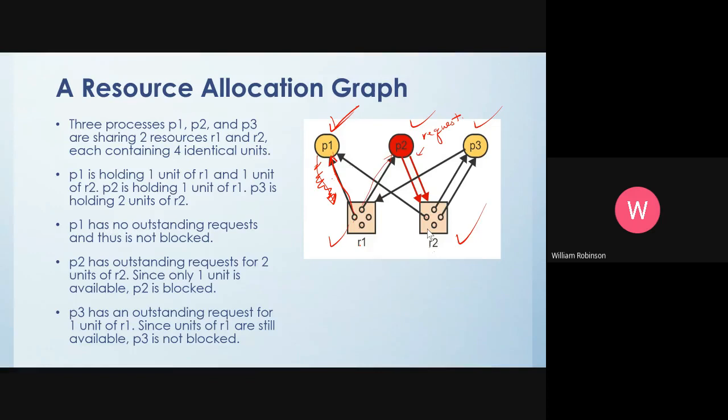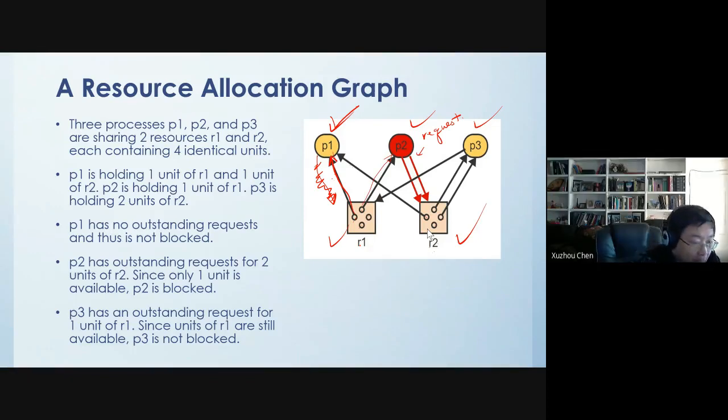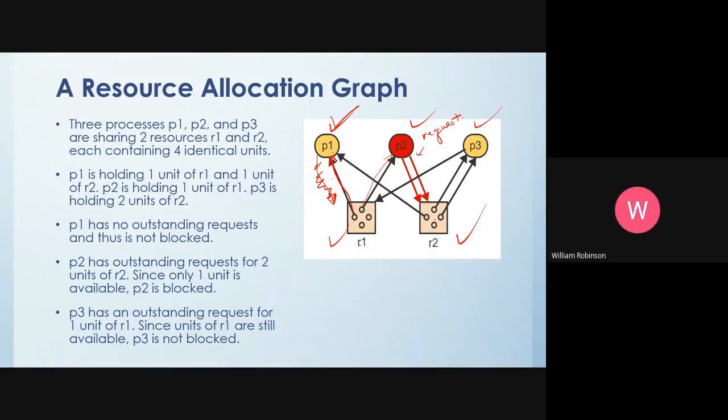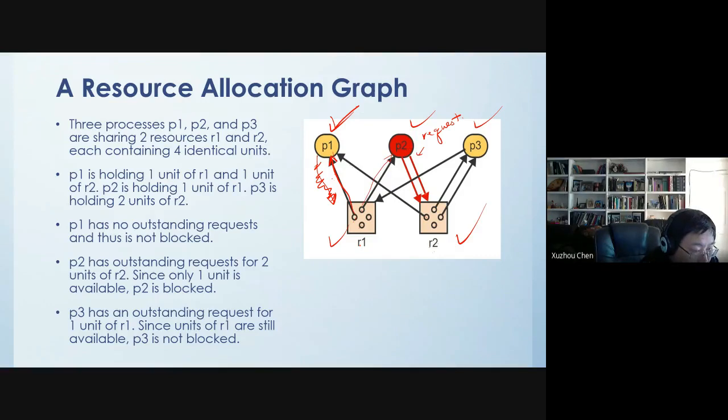No, it can't, because there's only 1 unit of R2 available, and it's requesting 2. So P2 has to wait. P2 is blocked.